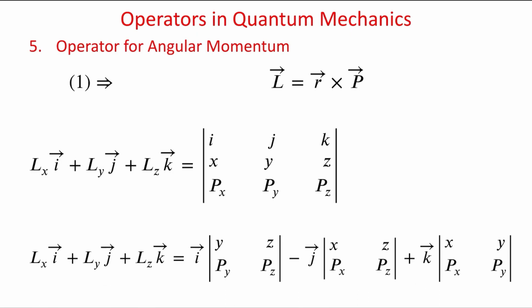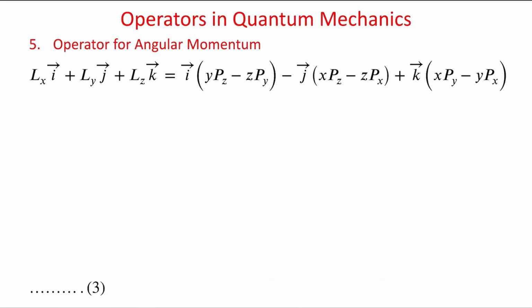If we expand this determinant, we get Lxi plus Lyj plus Lzk equal to i times the determinant y, z, py, pz, minus j times x z px pz, plus k times x y px py.